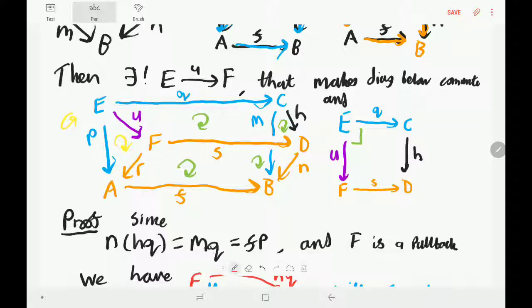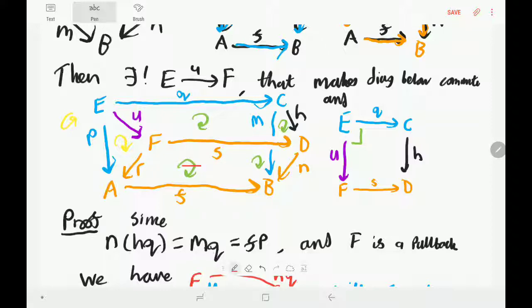So how can we see this? Well, just imagine snipping off N and P and flattening out this prism. And then if you want, you can turn it all 90 degrees counterclockwise, and you'll see it looks just like the pullback lemma.